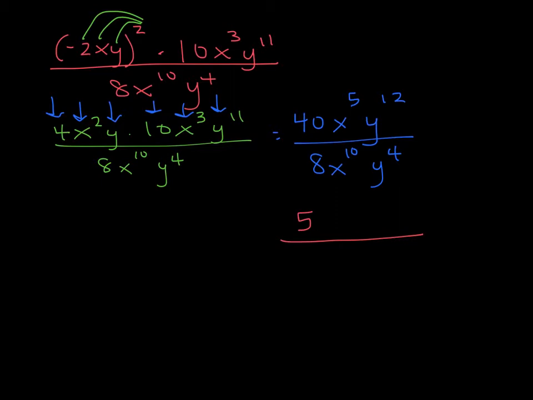So remember, since my variable with the larger exponent is on the bottom, I know that I am going to be left with x to the 5th, because that's what 10 minus 5 is, on the bottom. Then I have y to the 12th divided by y to the 4th, so I keep my base and I subtract those exponents and I get y to the 8th on top. And then that is going to be my simplified answer, 5y to the 8th over x to the 5th.